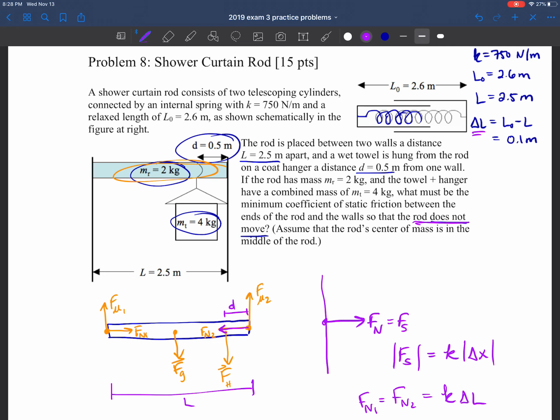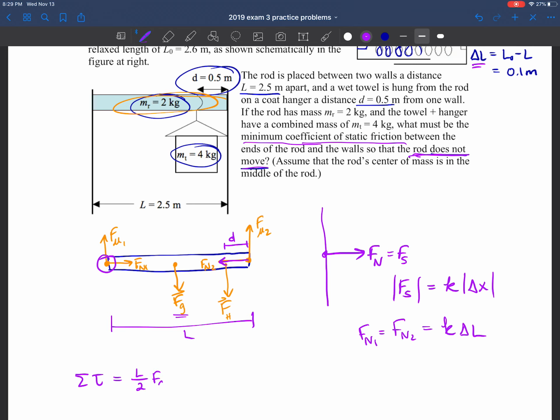So the sum of the torques is going to be, we're going to need to include the gravitational force. That's at a distance of L/2, and that's got to be negative because it's going to rotate it counterclockwise. And then FH is also going to rotate counterclockwise, and that's at a distance L minus D. So that's this distance right here. L minus D times FH.